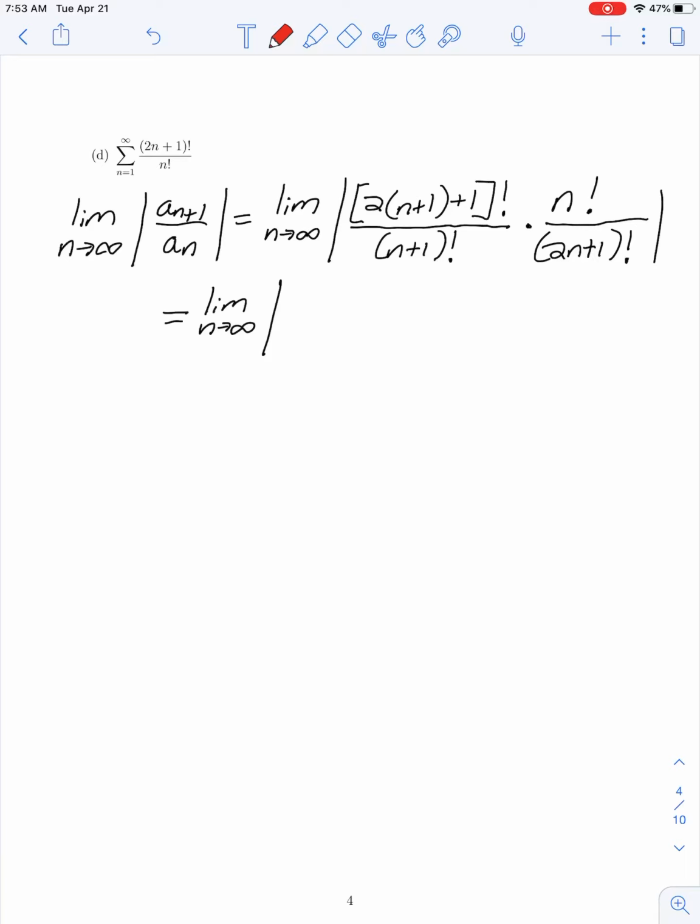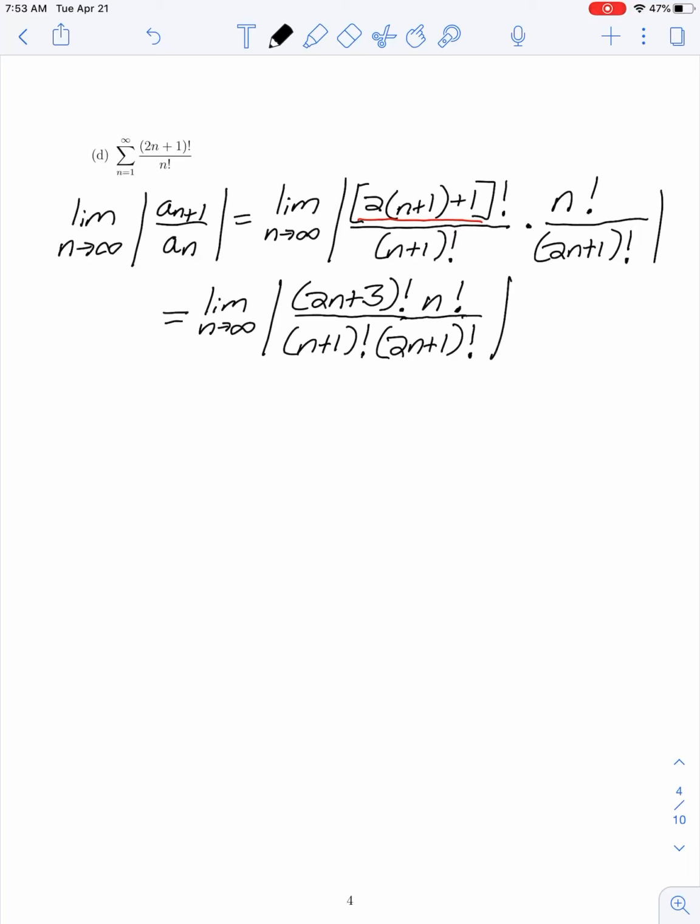So let's look at this first expression that we have in square brackets here. If I distribute that 2, I have (2n plus 3) factorial. So we have 2n plus 2 plus 1 gives me that plus 3 factorial, times n factorial, also in the numerator, and then the whole thing is divided by (n plus 1) factorial times (2n plus 1) factorial.